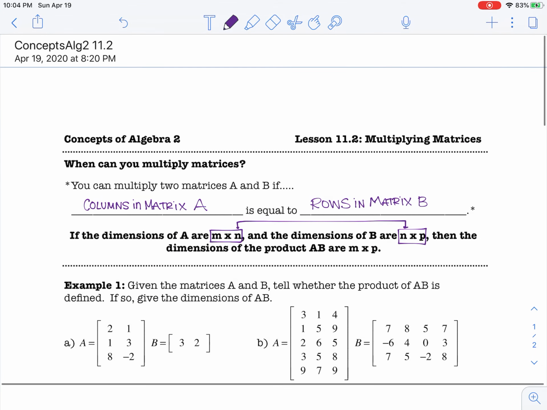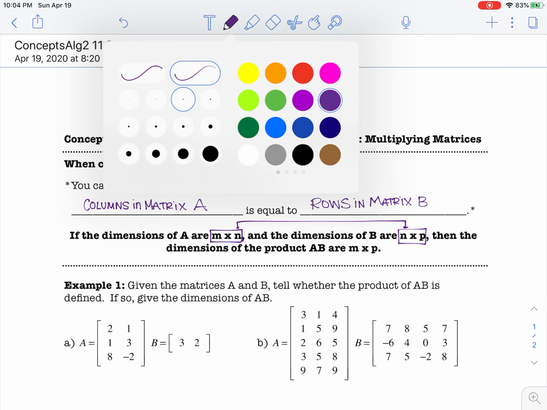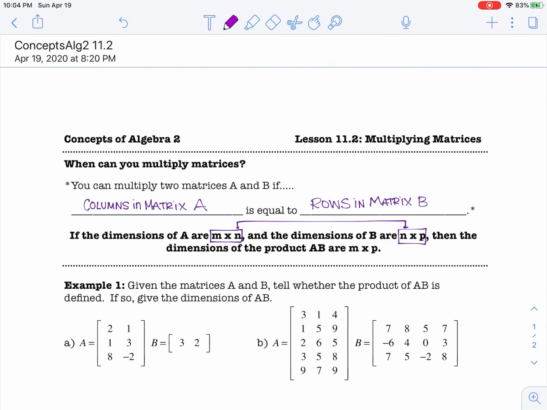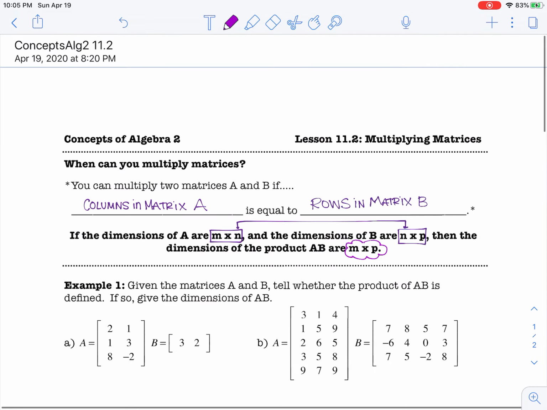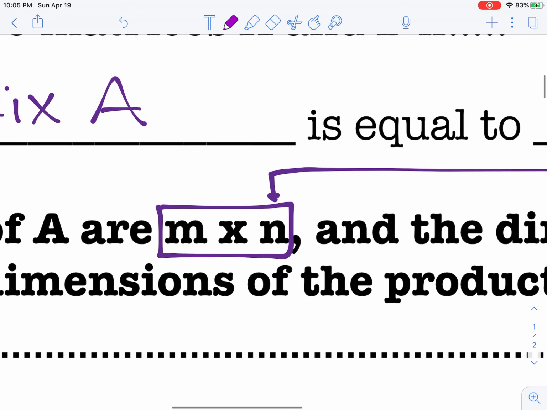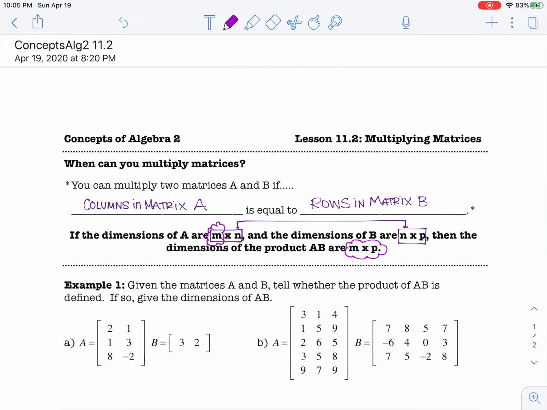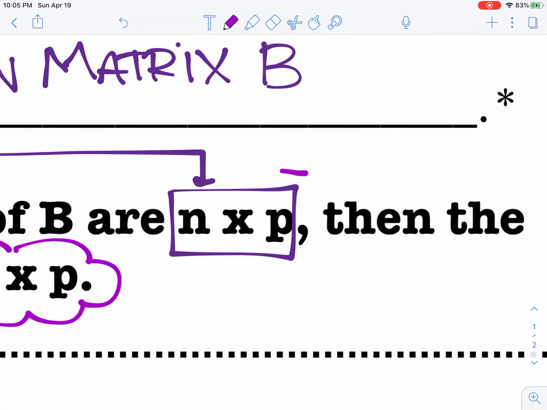That's what we're aiming for. If they are, then you can determine the dimensions of your resulting matrix, or the product of those two things, and it should be m times p. So in other words, it's the rows of the first matrix and the columns of the second matrix.